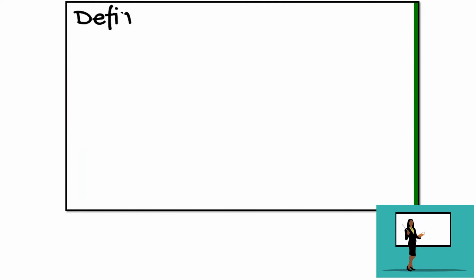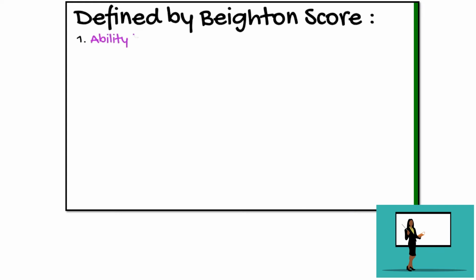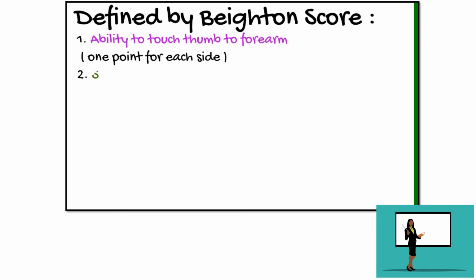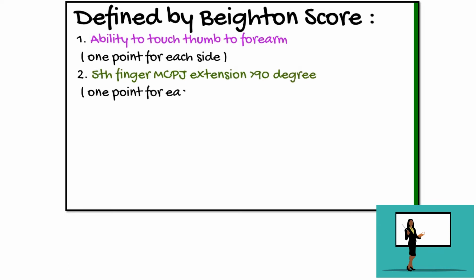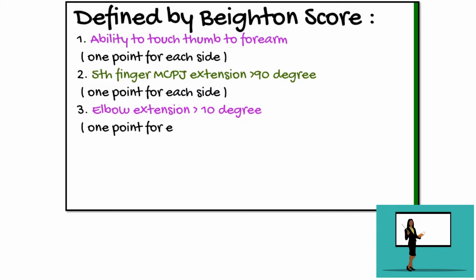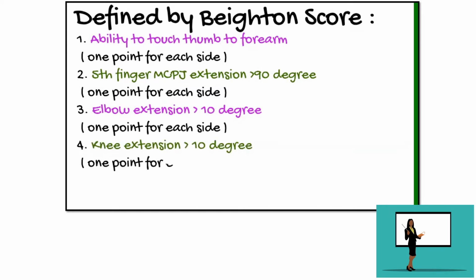It is defined by Beighton Score. 1. Ability to touch thumb to the forearm. We give 1 point for each side. Number 2. The fifth finger metacarpophalangeal joint, MCPJ, extension more than 90 degree. We give 1 point for each side. Number 3.